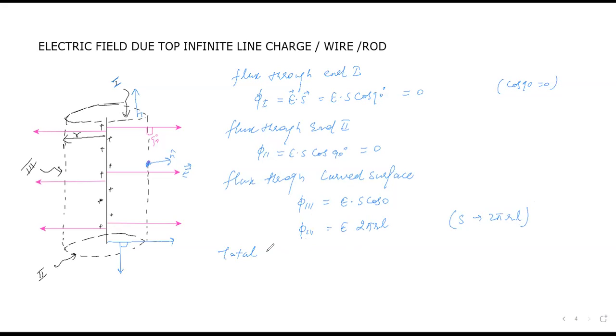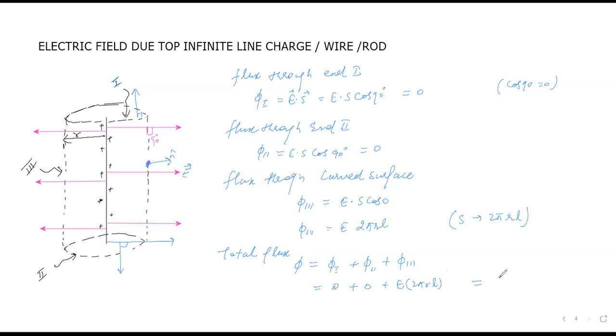Now, what is your total flux? It is your phi 1 plus phi 2 plus phi 3. Phi 1 is 0, phi 2 is 0, and phi 3 is E 2 pi RL.